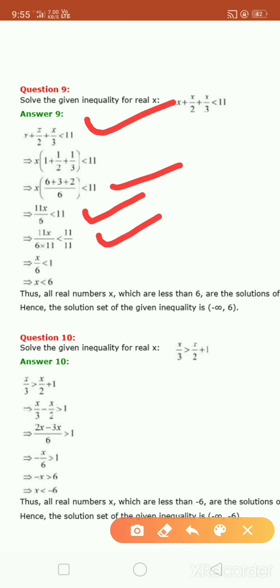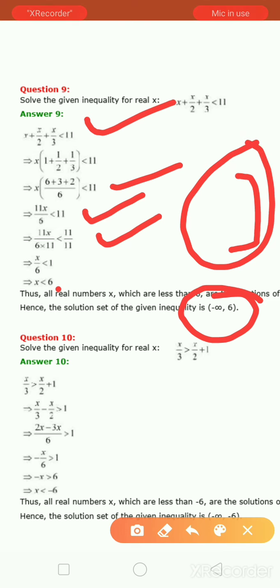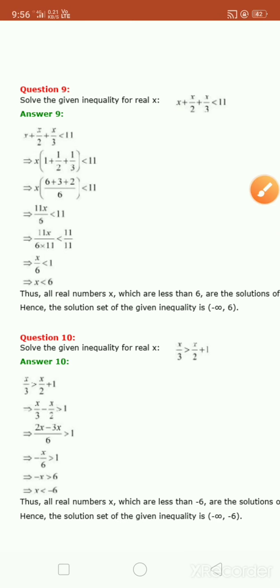Then bring the denominator to the numerator, multiply by 1, you will get x is less than 6. And the solution set will be minus infinity comma 6. It is not an equality, there is no equal symbol, so you will not write the bigger bracket, you write the smaller bracket.